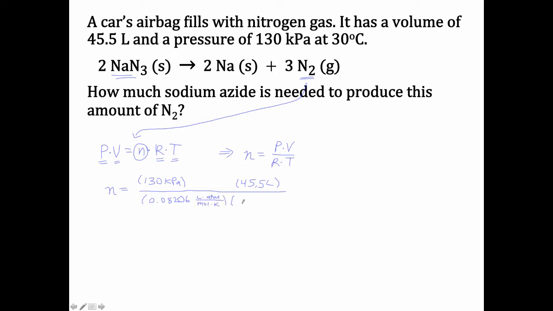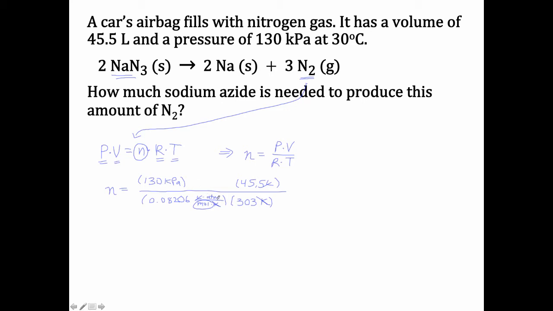And then the temperature, 30 degrees Celsius plus 273, gives us 303 Kelvin. Liters cancels, Kelvin cancels. Moles is what we're trying to find, and we have 1 over moles, so that's going to be good.